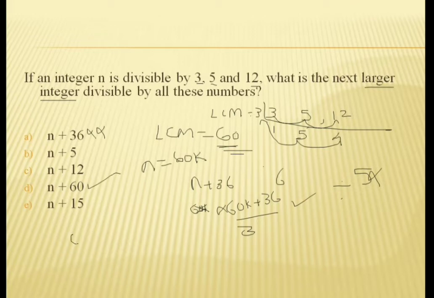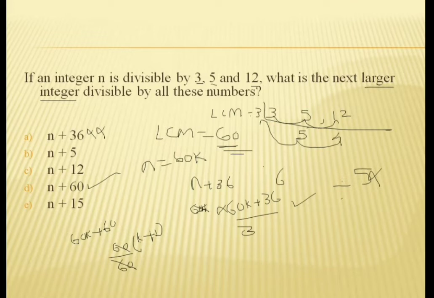We can see that the n plus 60 option is there, so 60k plus 60, obviously directly go. That is why I asked you to go through the options once. It will be easier to get the answer even after just going through the options. Immediately it will click that n plus 60 is there, so we can take 60 out: 60 into k plus 1, divided by 60.